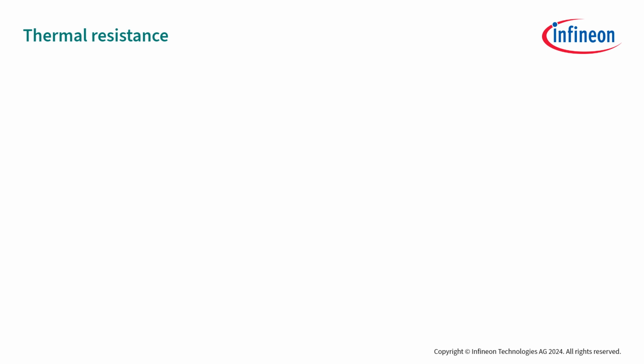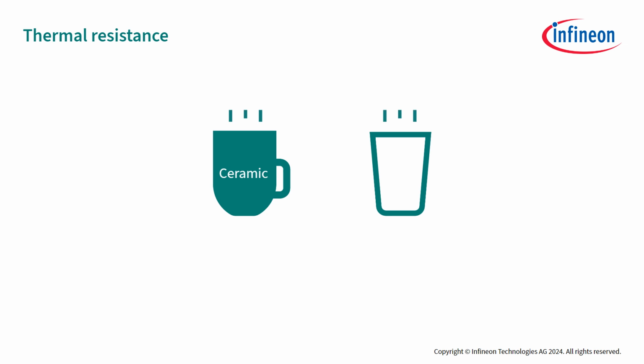To understand heat dissipation better, let's talk about thermal resistance. Thermal resistance is a measure of the ability of a material to block heat flow. Let's use an analogy. This white ceramic cup has a higher thermal resistance, blocking the heat flow and, therefore, keeping the coffee hotter for a longer time.